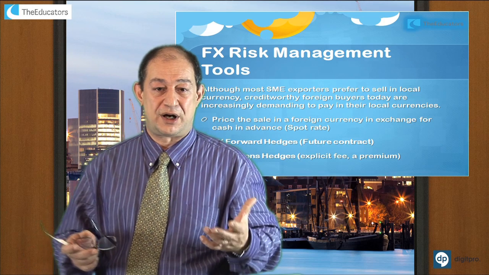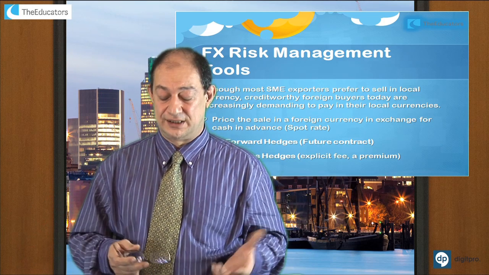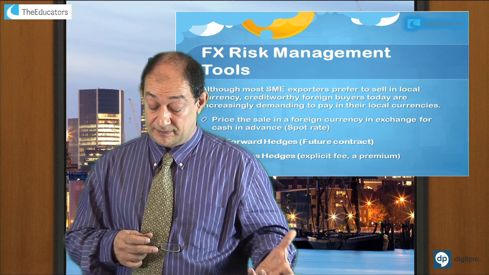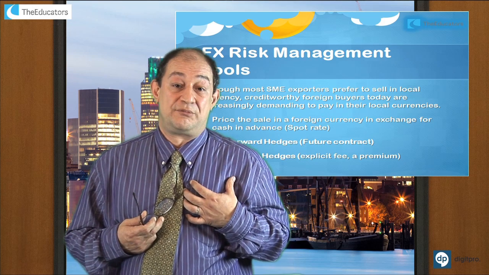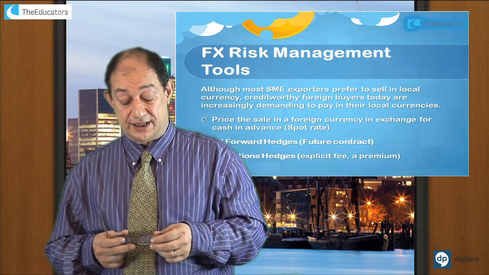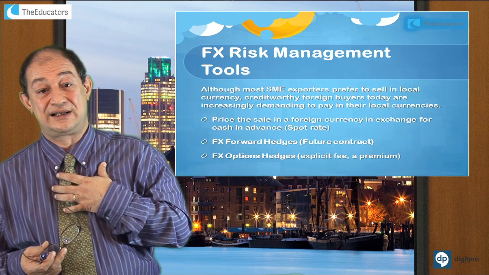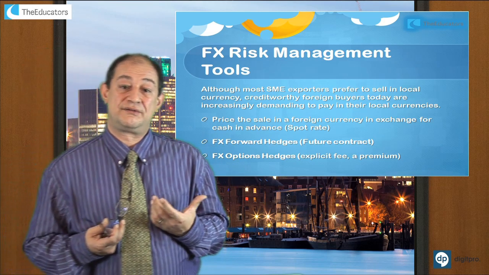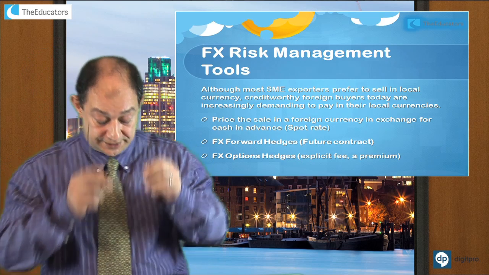In favor of either party doesn't make any difference, but there is a risk. If I have priced in sterling, I've shifted the risk to the buyer. And if I accept to sell in dollars, I have taken the risk of the exchange rate fluctuations.